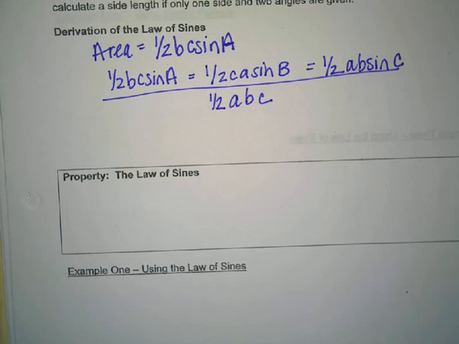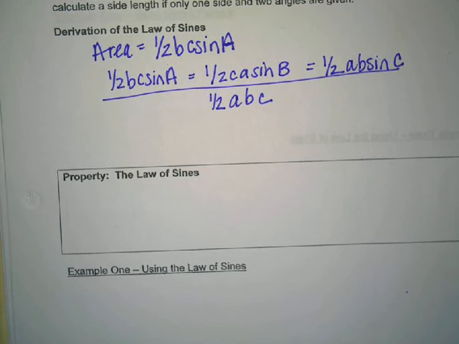In the first one, sine A will stay, and the bc and the bc cancel, leaving A on the bottom. So the first part of the law of sines is sine A over a is equal to, and in the next piece the 1/2 cancels, the c and the a cancel, leaving you with sine B over b.